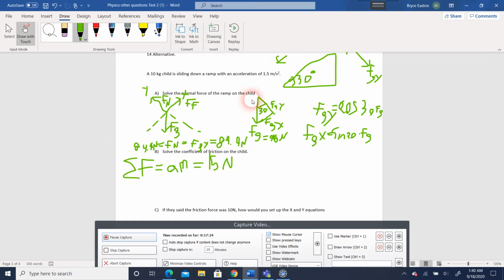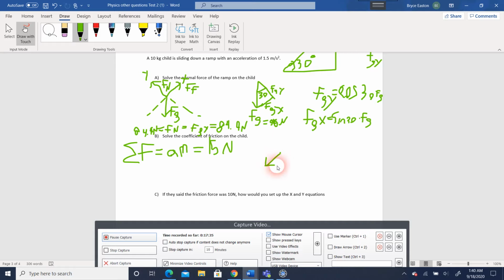So now, just like what we did with y, we're going to check out all values going in the x direction. The only thing we have going down in the x direction is Fgx, and the only thing we have going up is F friction.